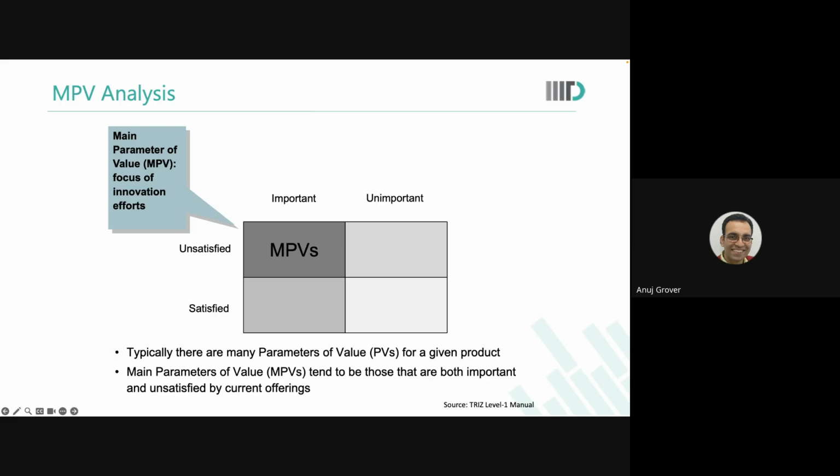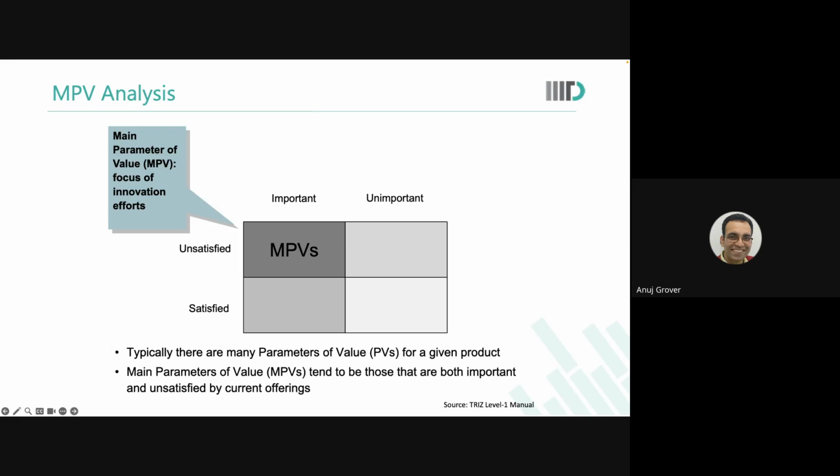If we look at it in the same graph, they are unsatisfied needs that the users themselves are not sure of, are not aware of. And we gave the example of Steve Jobs' statement that he said, user doesn't know what he wants. Remember? And then if we work on those latent parameters of value, they are still not main parameters of value. They become main parameters of value because they start to make sense for design decisions later.